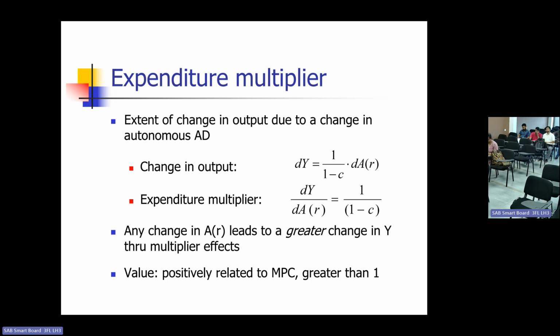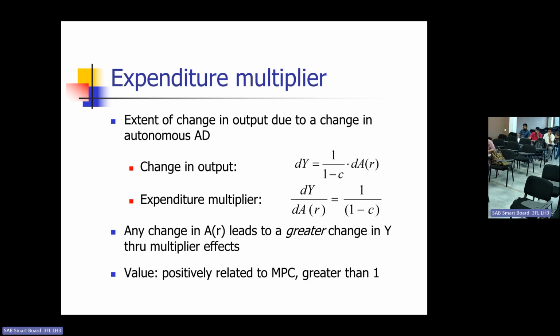Now suppose MPC is 0.9. What happens? That is 1 over 1 minus 0.9, which equals 1 over 0.1, so the multiplier is 10. When the MPC increases, the multiplier also increases.